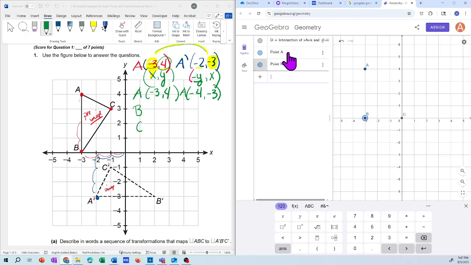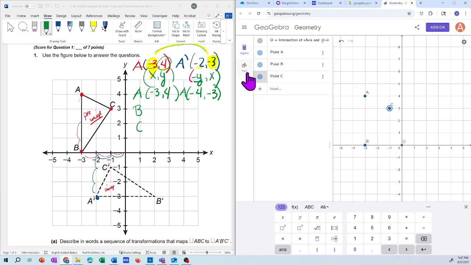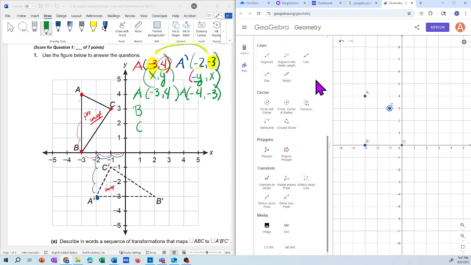Then point C is going to be negative 1 and 3, positive. Okay, so here I have my points, right? I did this so we could label it, and then you can use the polygon tool, which is here. Or you can start by using the polygon tool, and then it's going to be easier.